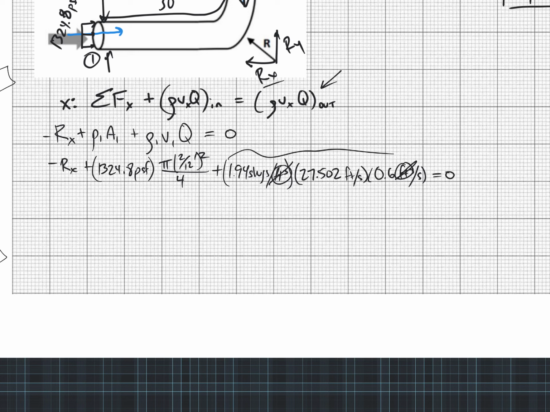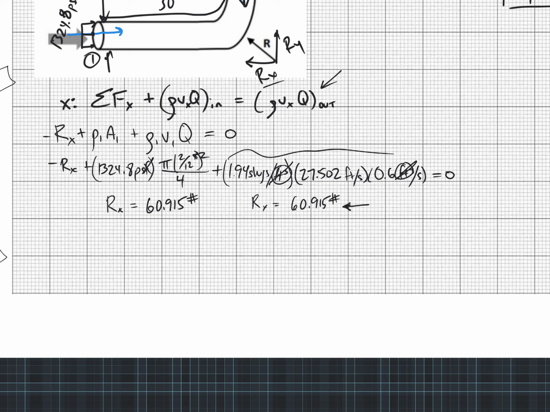PSF times square feet, so this square feet is going to cancel with these feet squared. So I'm going to have pounds there. Okay, so Rx equals 60.915 pounds. And I got a positive, so I assumed the correct direction, which means it's going this way.